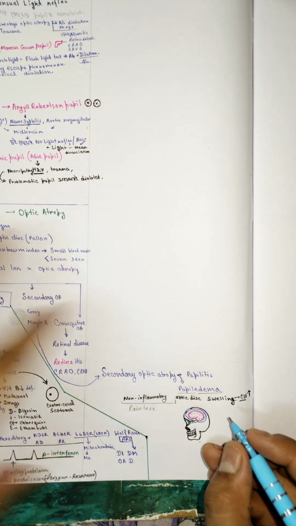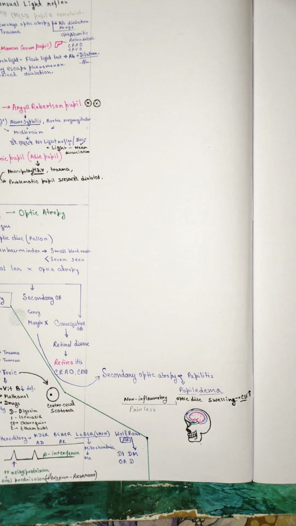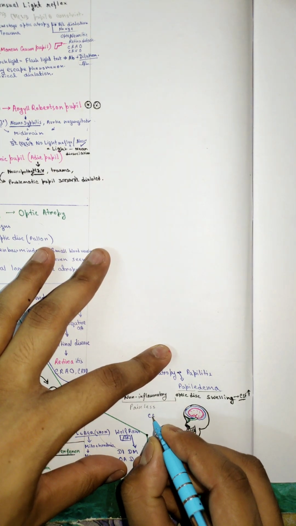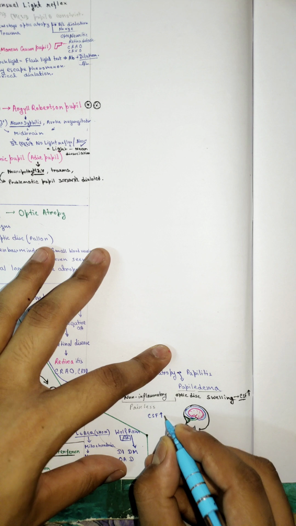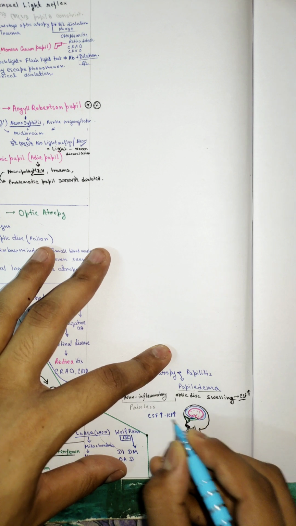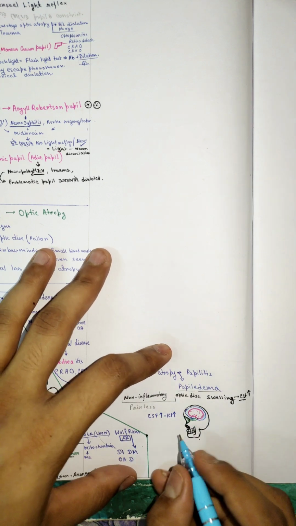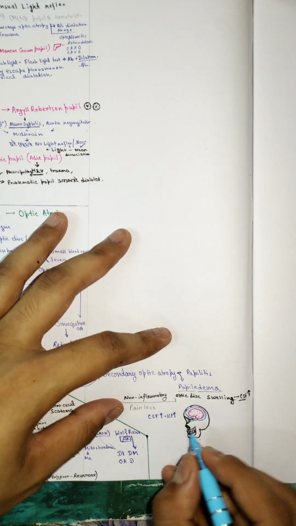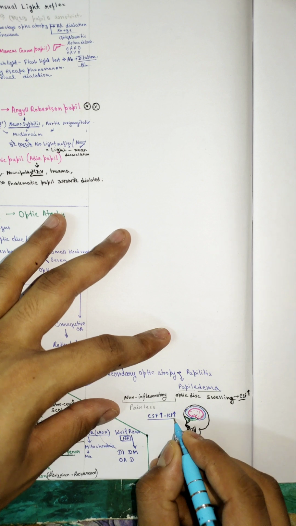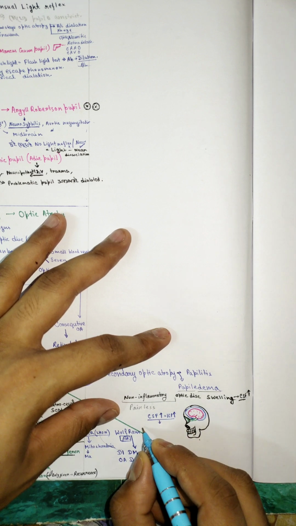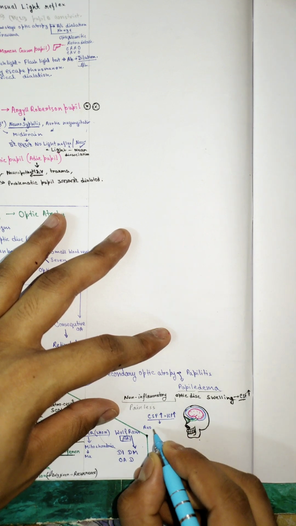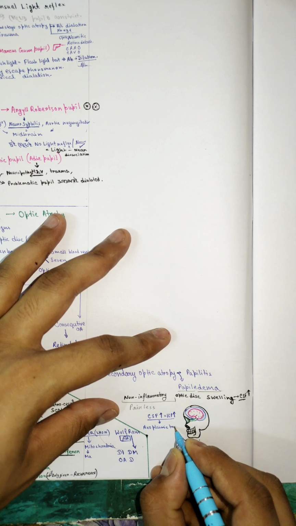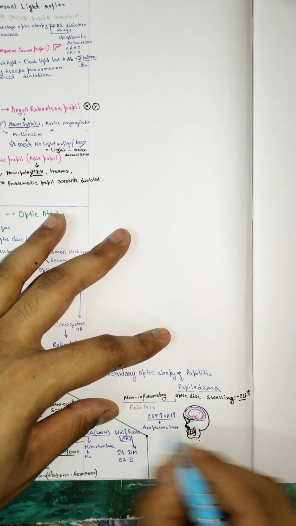So what happens first? CSF increase, intracranial pressure increase, ultimately happens in the subarachnoid space. That will cause axoplasmic transport block.